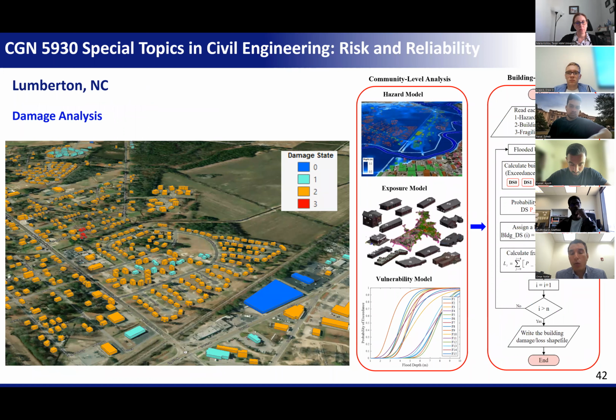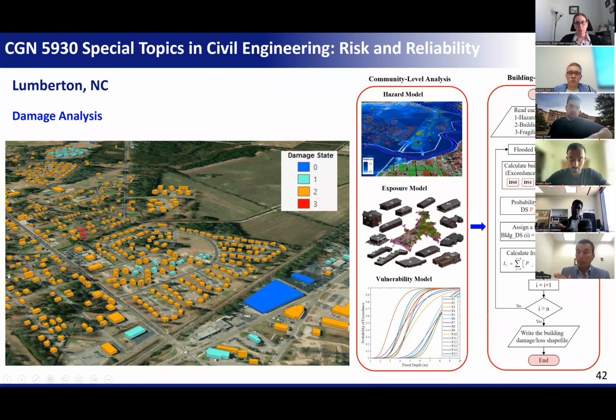So right now we developed a hazard model, an exposure model, and a vulnerability model, and we still didn't do community level analysis. So what we did, we used all these 3 layers, the hazard maps that we have, along with the community that we developed and the vulnerability models that we have for each archetype.